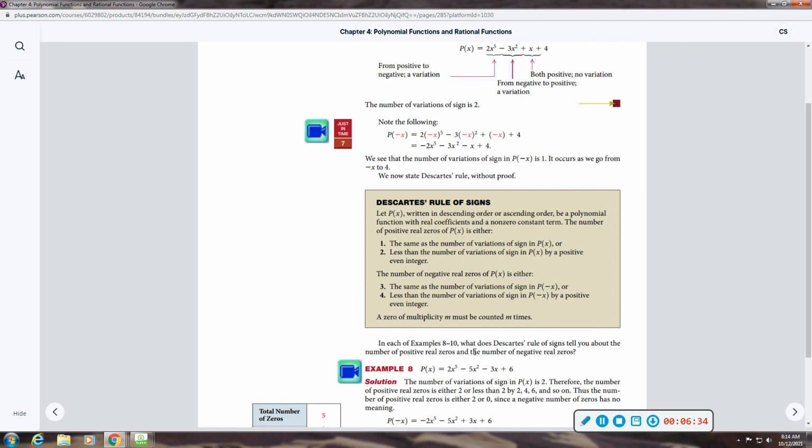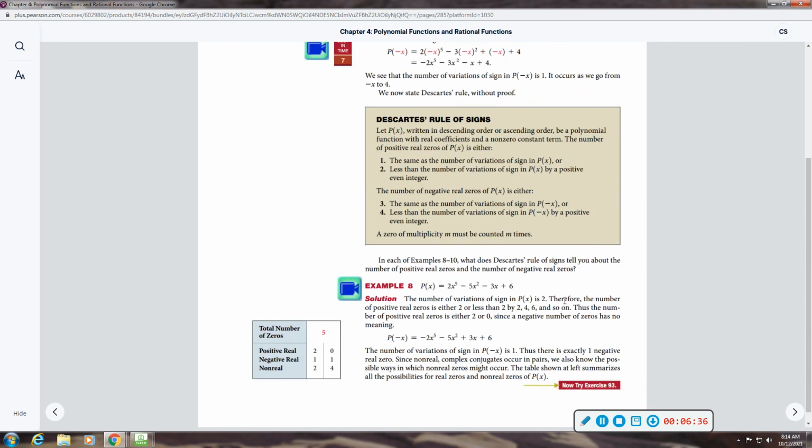So that's what this is saying. The number of variations is 2. Therefore, the number of positive zeros is either 2 or less than that by 2, 4, 6, and so on. So when you subtract 2, you get 2 or 0, and then you can't have a negative number of zeros. So that's what this is explaining here, and we'll do several of these.